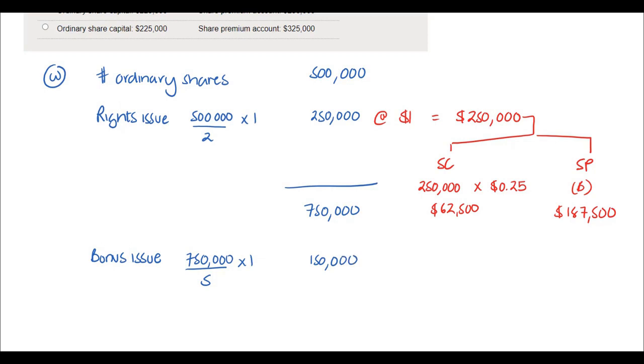Now, a bonus issue is always made at the nominal value being 25 cents. So the total amount here would be 37,500. This would certainly increase the share capital, and we are told that it is funded out of the share premium, so it would reduce the share premium by the same amount.